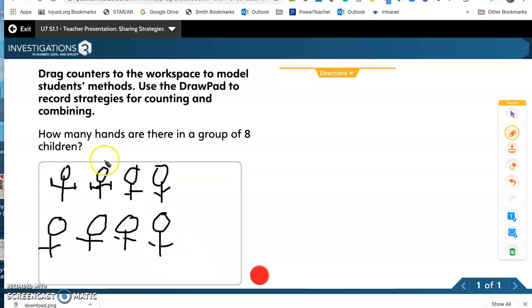Okay, so now we can go and count all the hands on 8 people. Let's count together. 1, 2, 3, 4, 5, 6, 7, 8, 9, 10, 11, 12, 13, 14, 15, 16. There are 16 hands on a group of 8 people. Drawing a picture is one way to solve this problem.